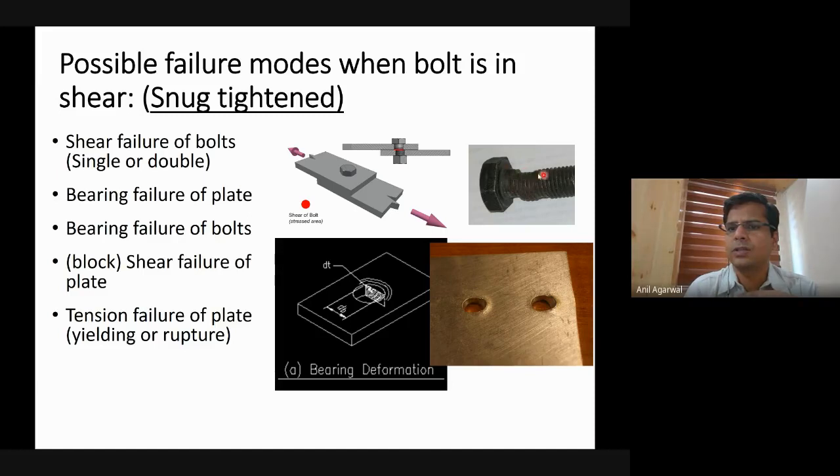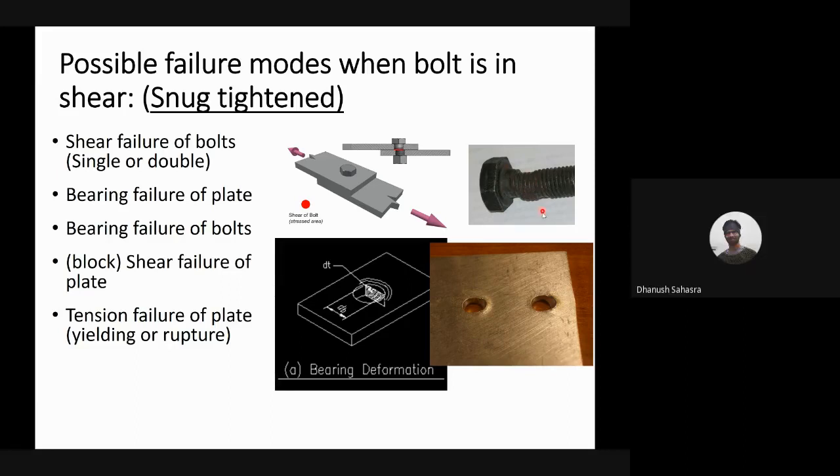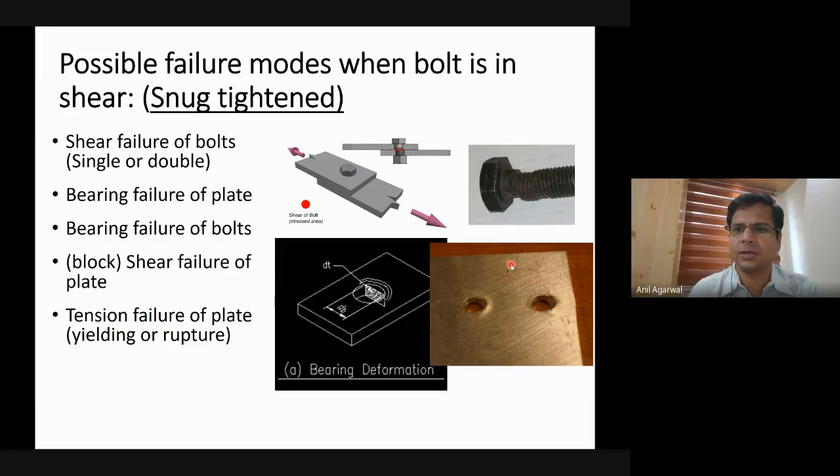So this is how a shear failure of the bolt looks like, right? What kind of shear was there in this bolt? Can you guess? Was it a double shear or single shear? To me it looks like a double shear. In one shear surface, it sheared very clearly, very significantly, and there is another shear surface forming here.